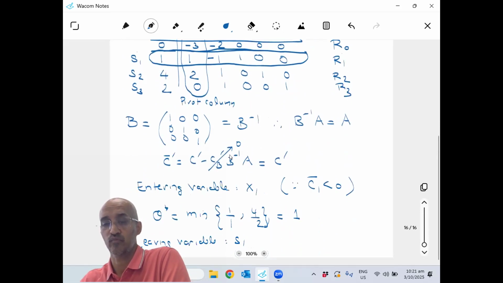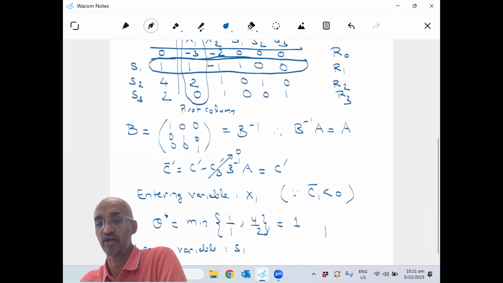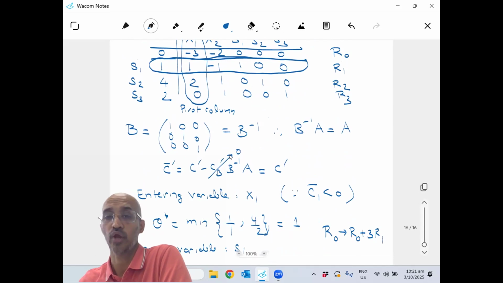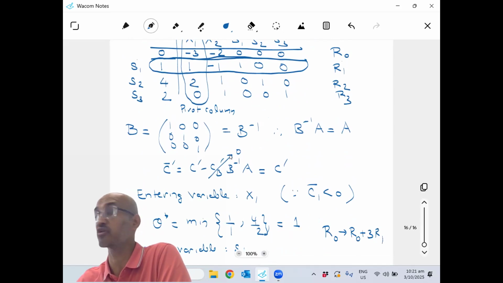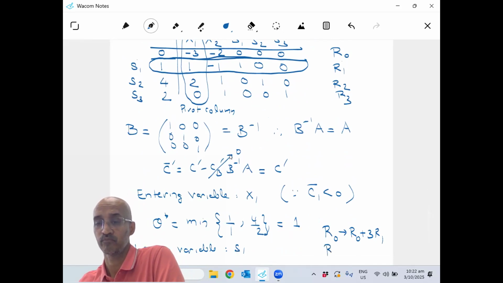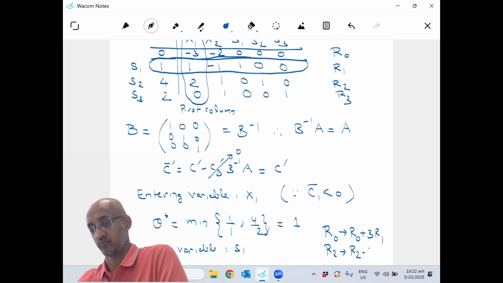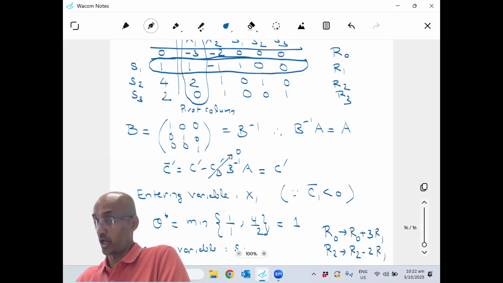I will take row 0 and transform it by doing row 0 plus 3 times row 1. That will make this minus 3 plus 3 times 1, which is 0. This is a 1, I don't have to change anything. This is a 2, so I need to make this a 0. So I'll do row 2 minus 2 times row 1. And this is a 0, I don't have to do anything. So I want to make this a 0, 1, 0, 0 vector.